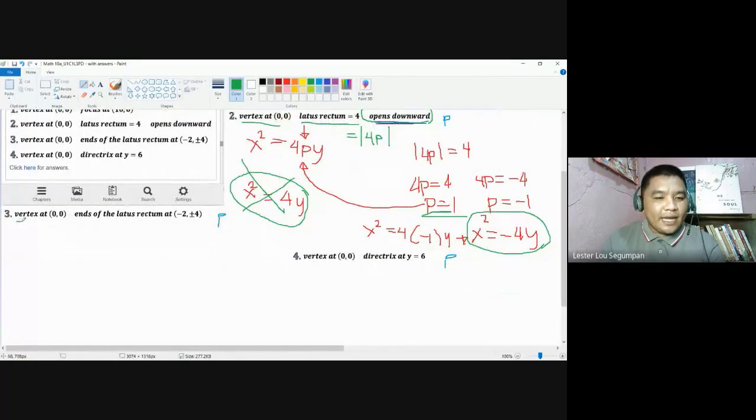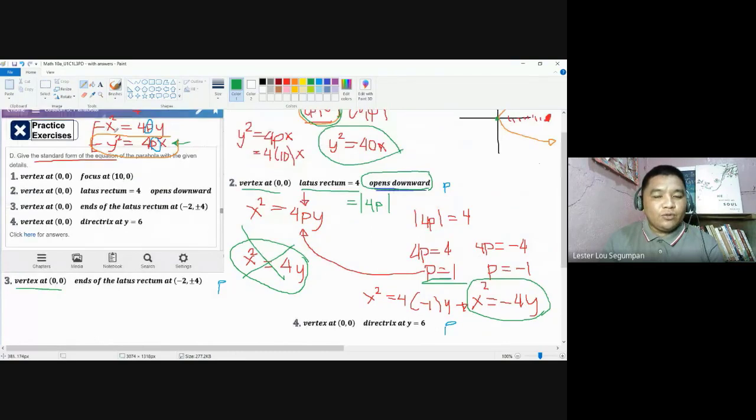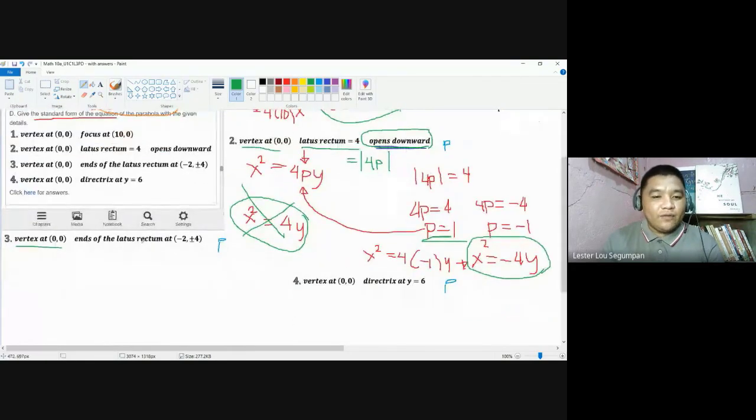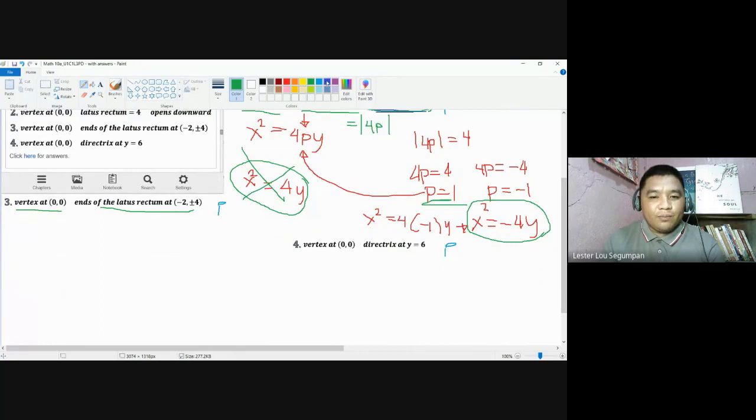So the vertex is at (0, 0). We don't have the direction for the parabola given here, so either of the two could be possible. What can help us here is the determination of the ends of the latus rectum. If we plot them in the Cartesian plane, we have two ends here.